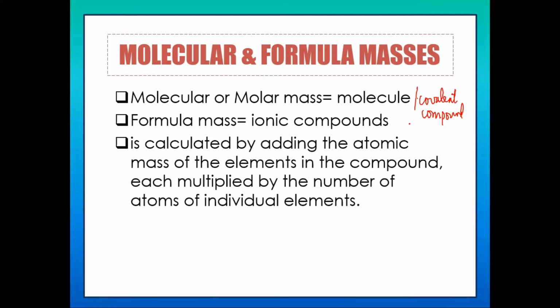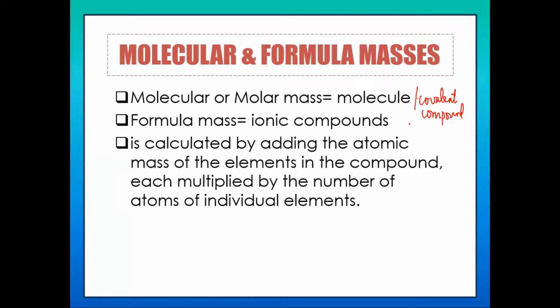Again, molecular or molar mass is for covalent compounds, while for ionic compounds, we use the term formula mass. Though they have a similar rule in terms of calculation, be mindful about the term being used when it comes to your covalent or your ionic compound.